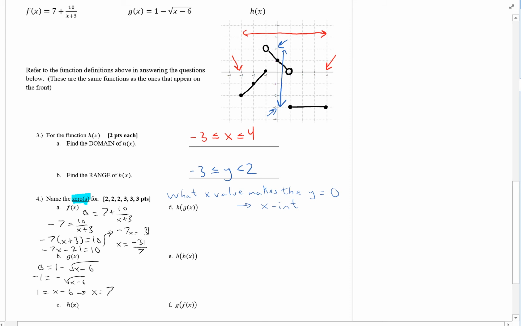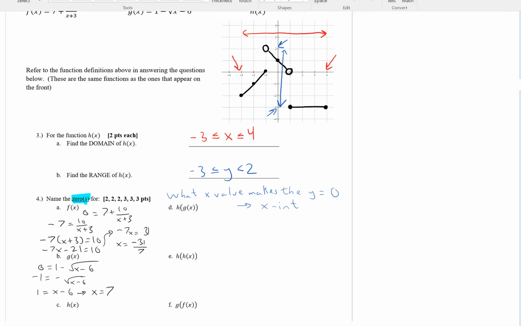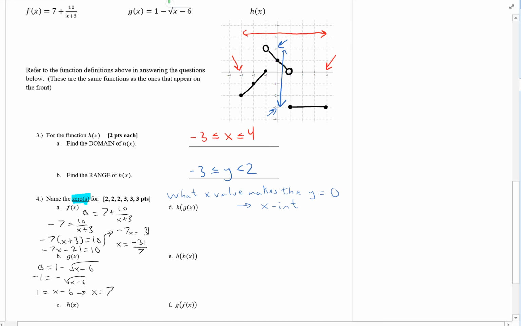H of x. I said x-intercepts. So let's take a look at that. What value of x makes the y value 0? It is the value of x that is the x-intercept. This is not an x-intercept because it is a hole.